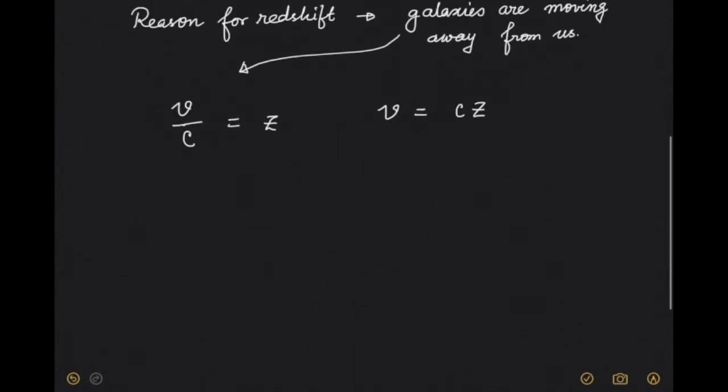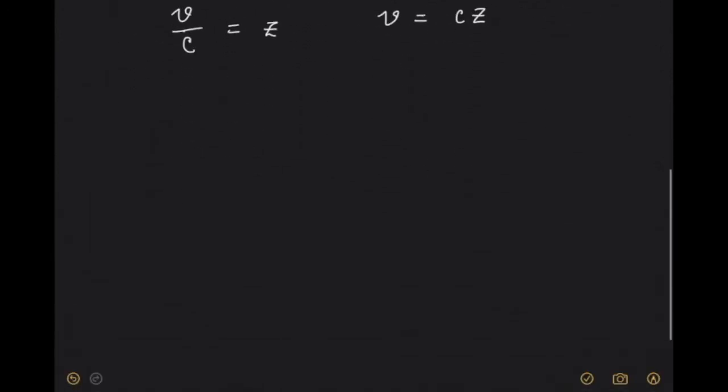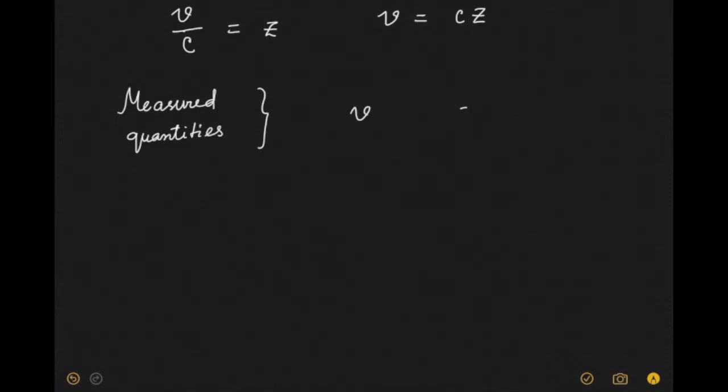So remember, now with this interpretation, he had two measured quantities. The velocity and the distance, right?